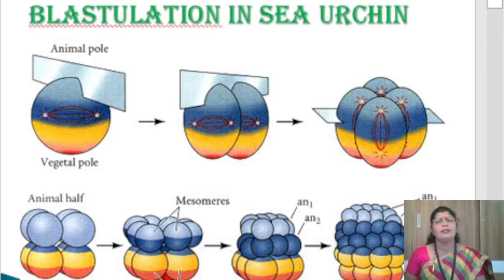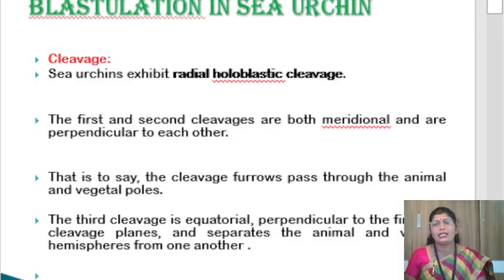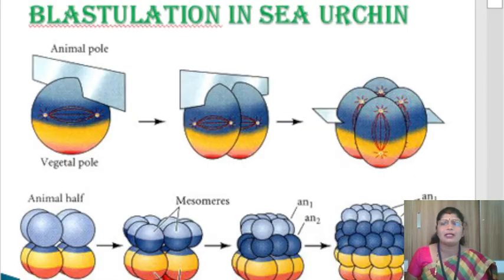You can see here the third cleavage. The third cleavage is the equatorial cleavage. It passes through the equatorial line, so it is equatorial and perpendicular to the first two cleavage planes. Therefore, it will separate the animal pole and the vegetal pole.